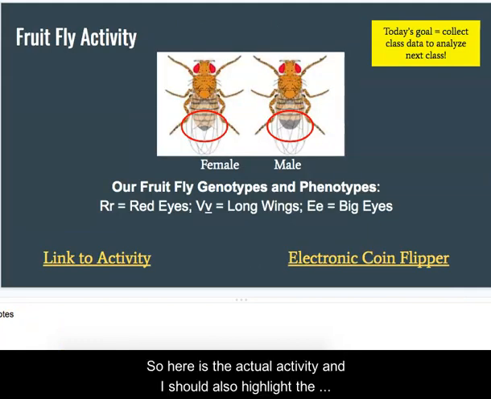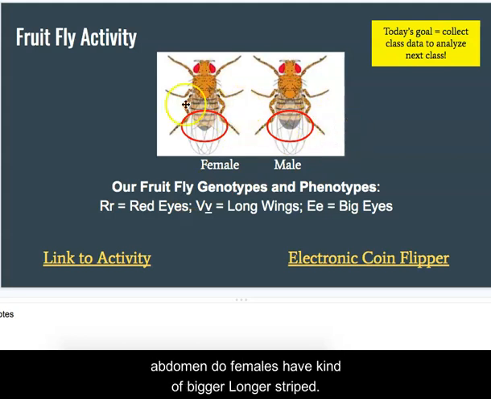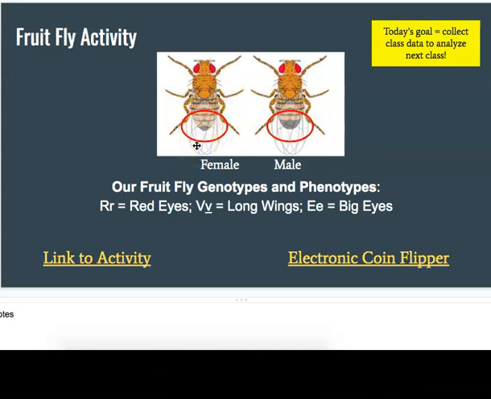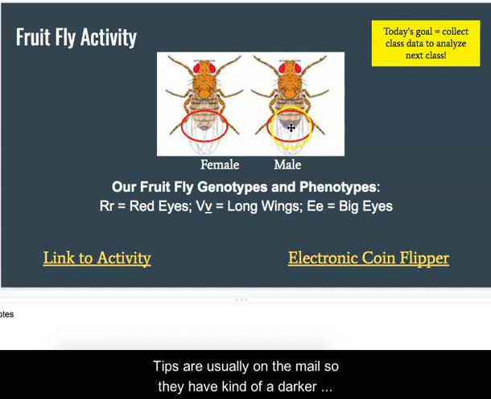Okay, so here is the actual activity, and I should also highlight the fact that you can tell the sex of the fruit fly by looking at its abdomen. So females have bigger, longer, striped abdomen, and black tips are usually on the male, so they have a darker black abdomen.